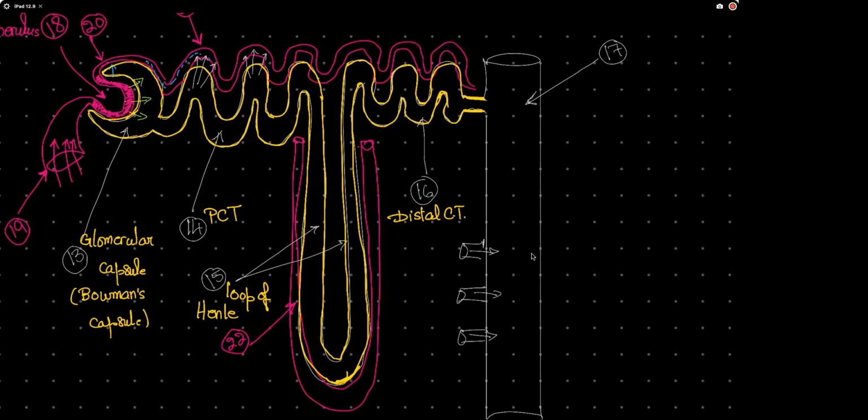So the urine now, or the filtrate in its final stages, will be collected by ducts. And it's not collected only from one nephron, it's collected from many, many nephrons. So what do we call the ducts collecting the filtrate from many nephrons?